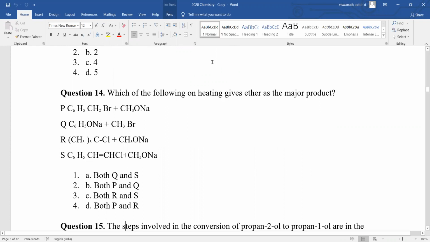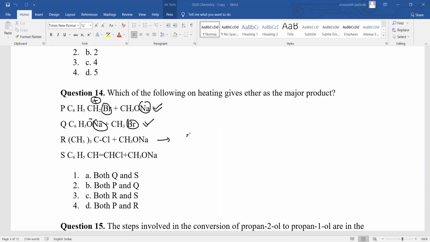In the case of Williamson synthesis, see here, what type of carbocation are you getting? C6H5CH2 plus is a stable carbocation, and this is phenoxide ion, stable. So elimination of Br takes place very easily, and both P and Q will easily give the ether as the major product.